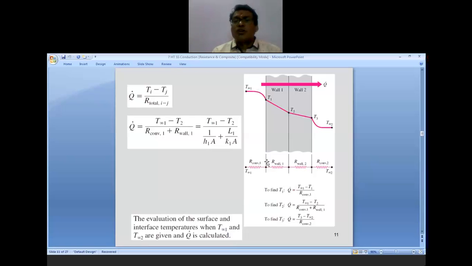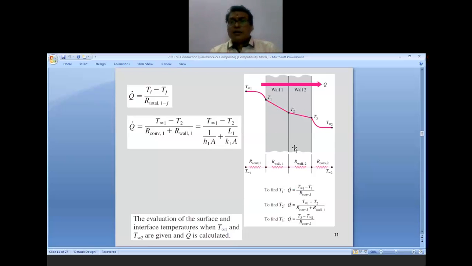So Q is equal to T infinity 1 minus T1 upon R convective. Here only R convective will be counted. For T infinity 1 and T2, there is R convective plus the wall conduction. So two resistances are taken here.